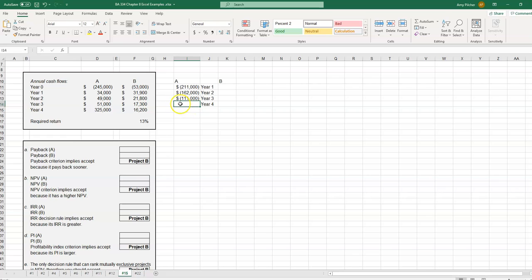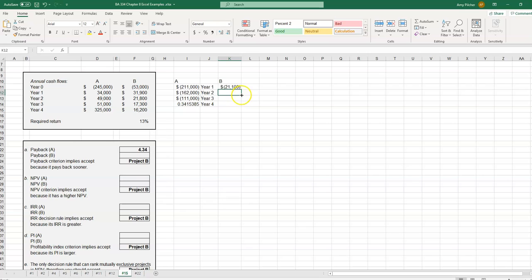So remember, for the payback period, we then need to divide what's left at the end of the year by the cash flows for the next year. So project A is going to be paid off in 4.34 years.